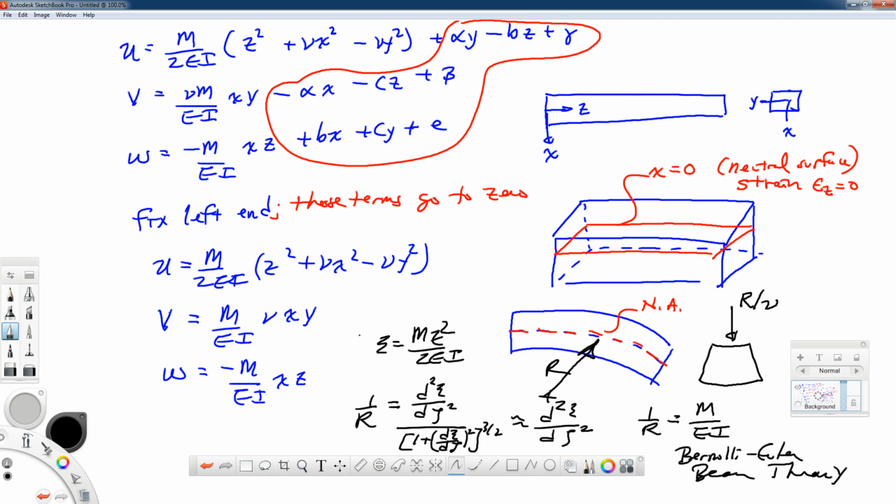I needed to find my eta term; it would be like the z dimension.